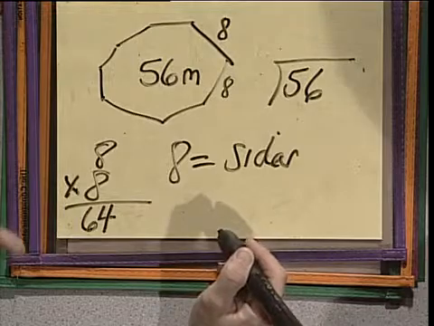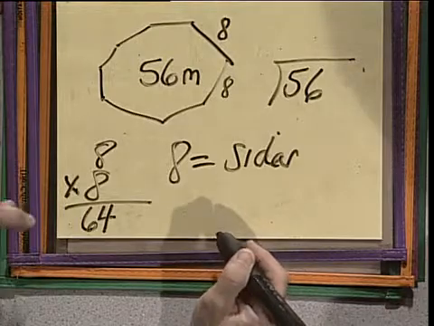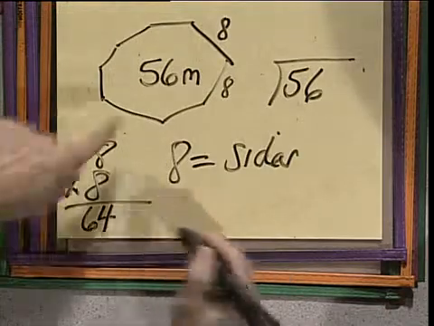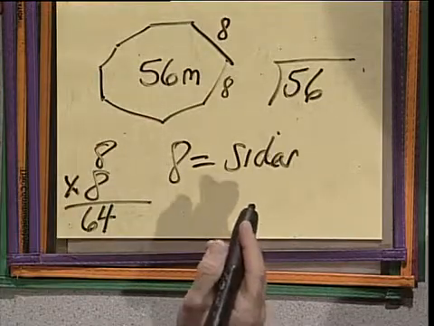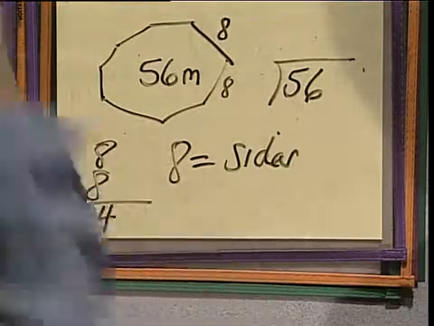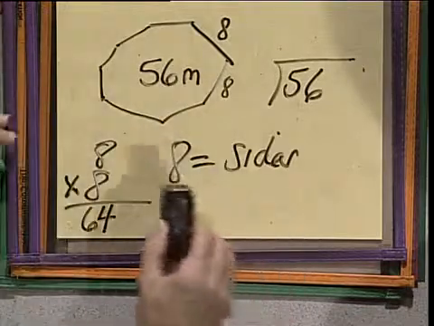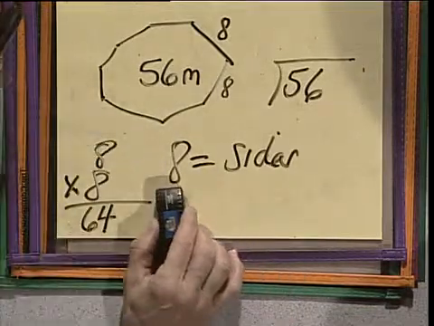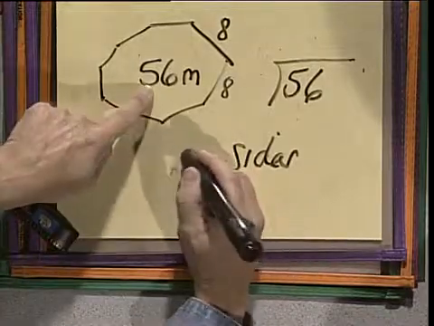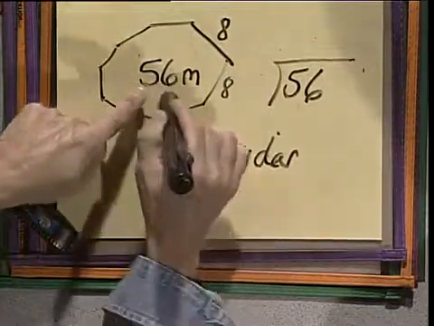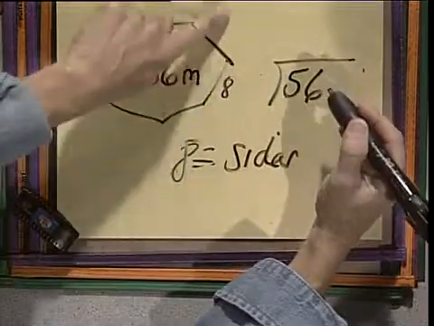I'm going to help you with that just so we know. 8 times 8 is actually 64. Do we have 64 meters? No, so 8's too big. So it's hard to count up because what we would be doing is kind of guessing and checking. 8's a little too big. We could try the next smaller number. Or what we could do is take this 56 and divide it by the 8 equal sides.